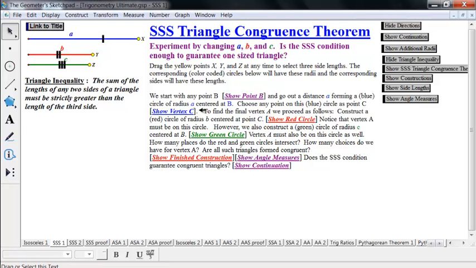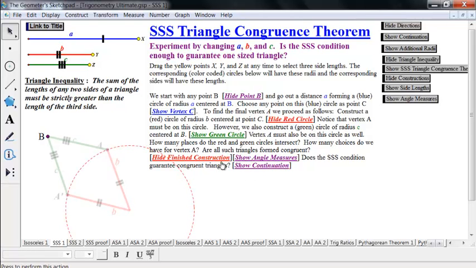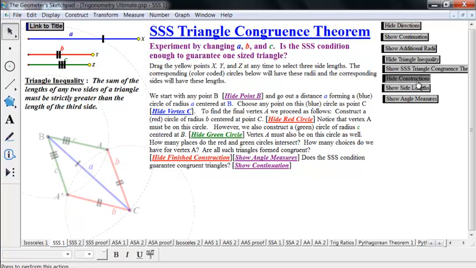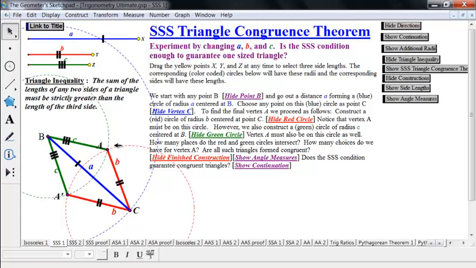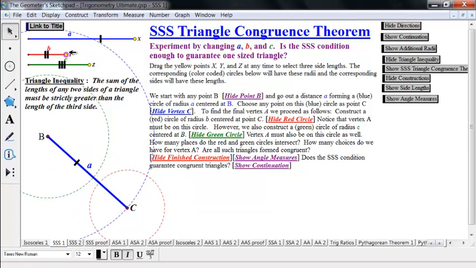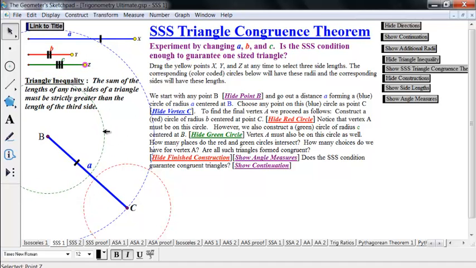Okay, so here we have a triangle, and if we are given a side here, and we have a side length here and one here, if these two are too short, what we're looking for is the last vertex has to be on the green circle and it has to be on the red one as well.